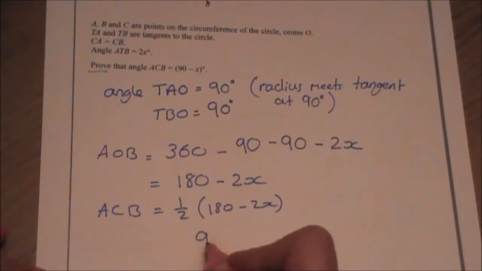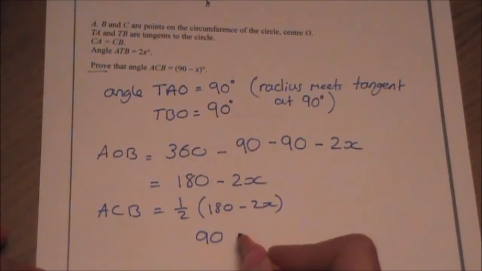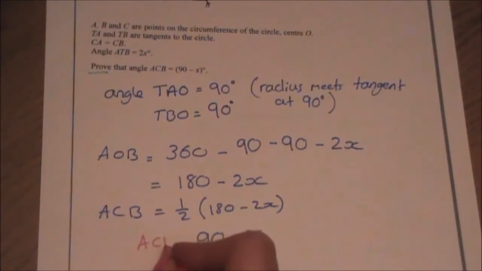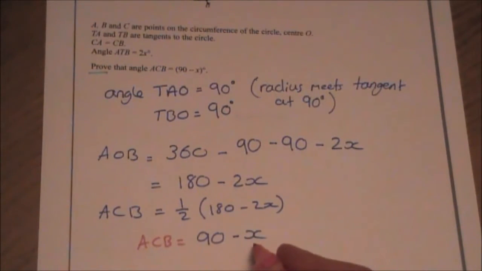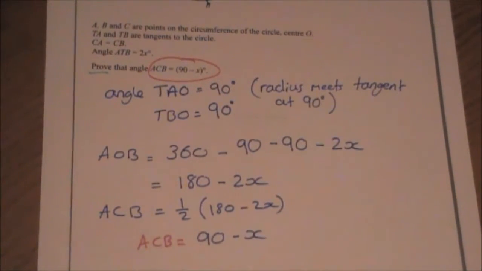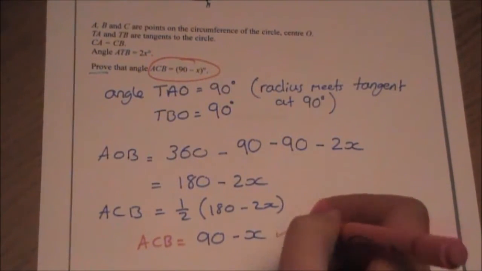Half of 180 is 90, half of minus 2x is minus x. So angle ACB is equal to 90 minus x, and what did our question want? ACB is equal to 90 minus x.